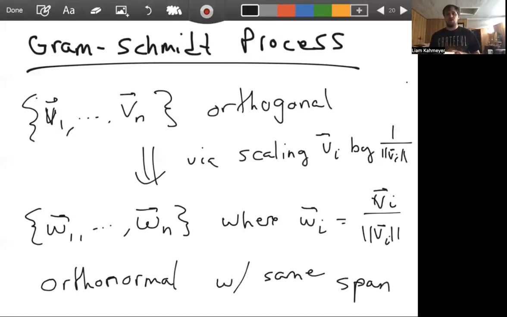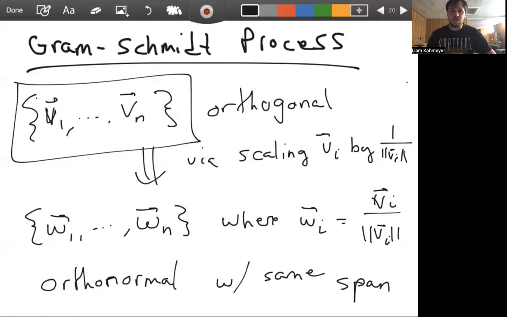And so we can construct an orthonormal set with the same span given any orthogonal set. To find this orthonormal set, we necessarily had to start with this orthogonal set, V1 through Vn.